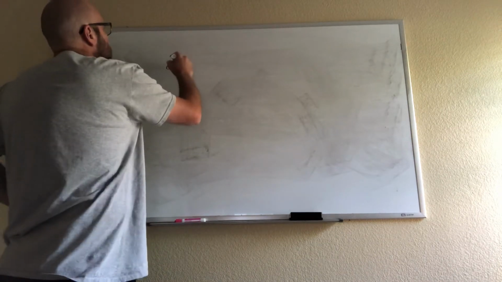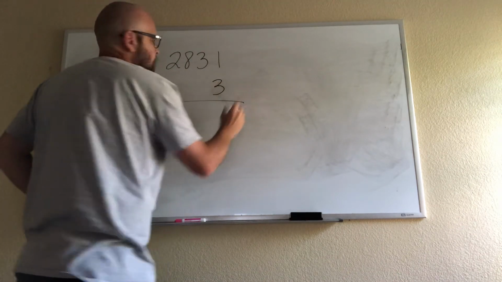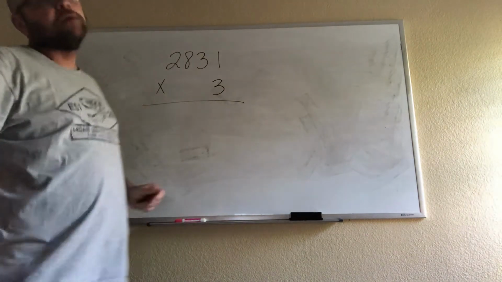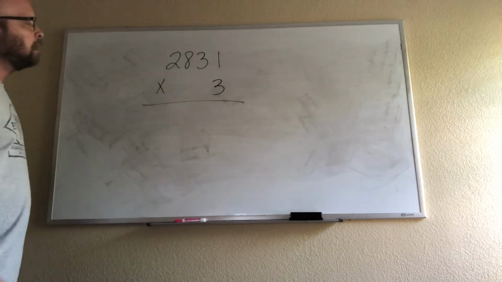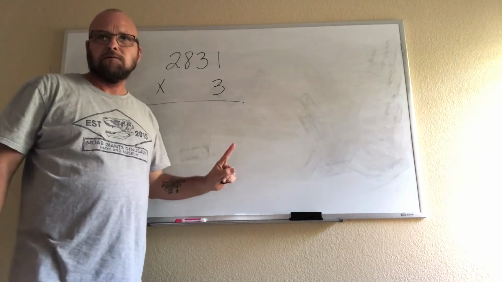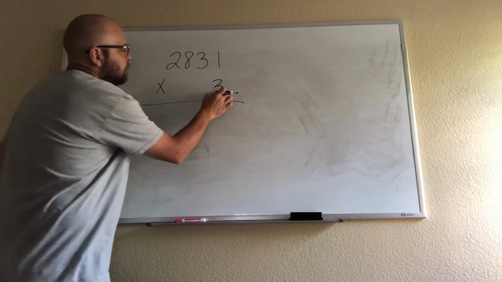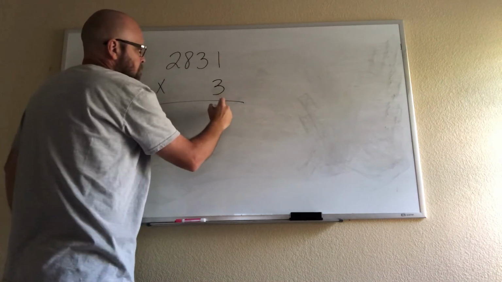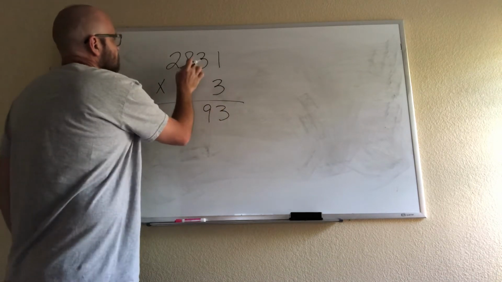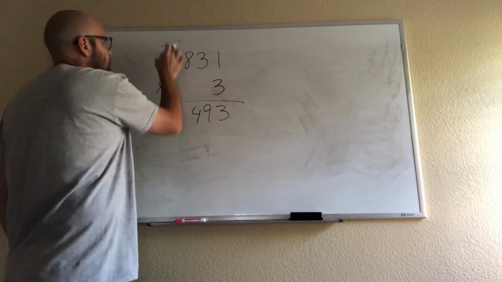2,831 times 3. And as I've said 4,286 times, if you multiply, you're always multiplying a one-digit number by a one-digit number. 3 times 1. 3 times 3. 3 times 8. 3 times 2 plus 2.